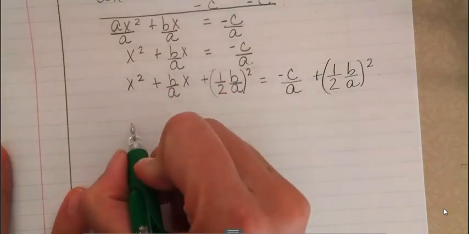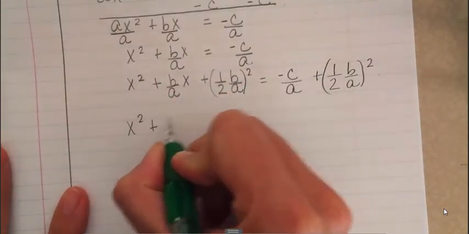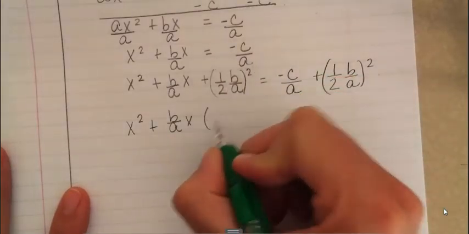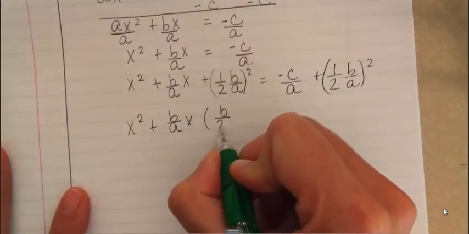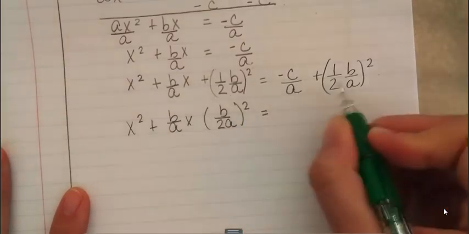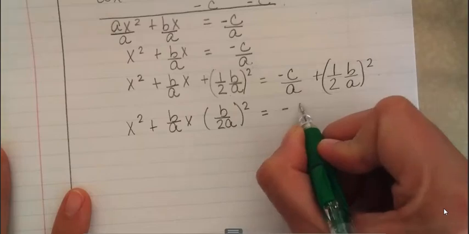Okay, so from this I'm going to get, now this becomes basically b over 2a squared. And I can simplify it on this side.